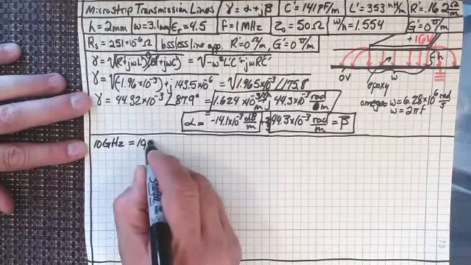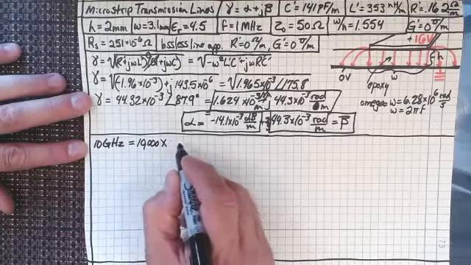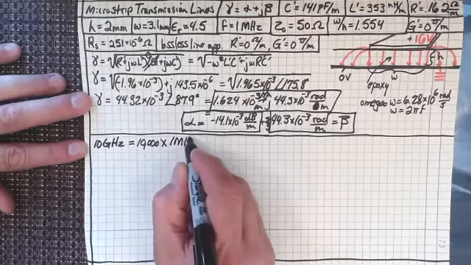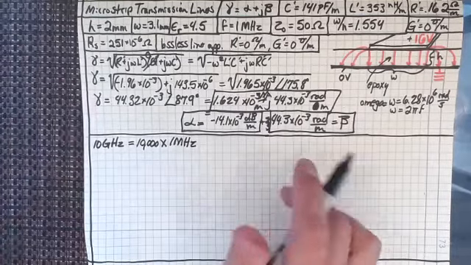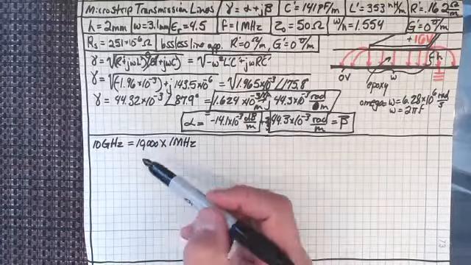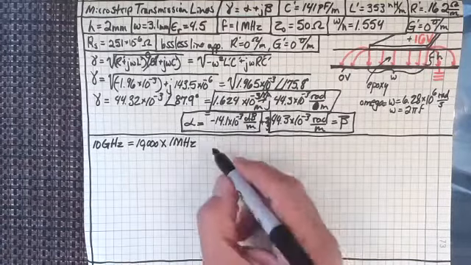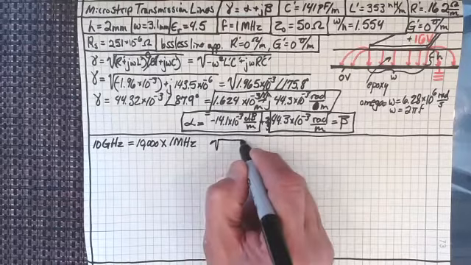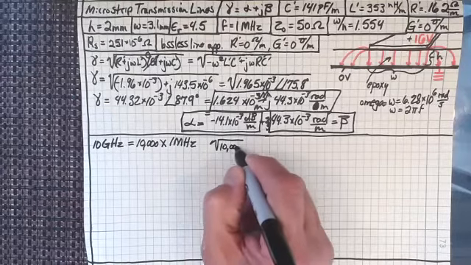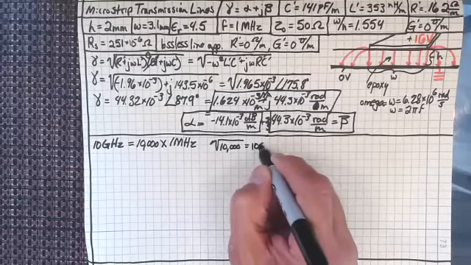Now, here's another thing I want to point out. If I take the square root of 10,000, that equals 100.